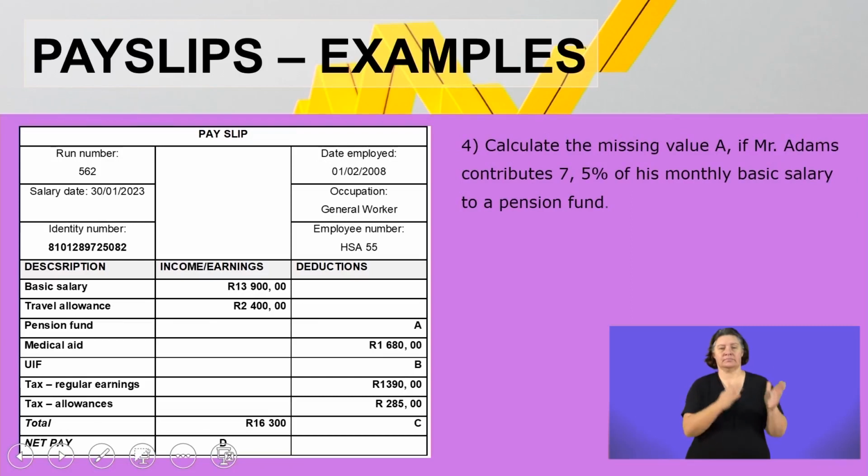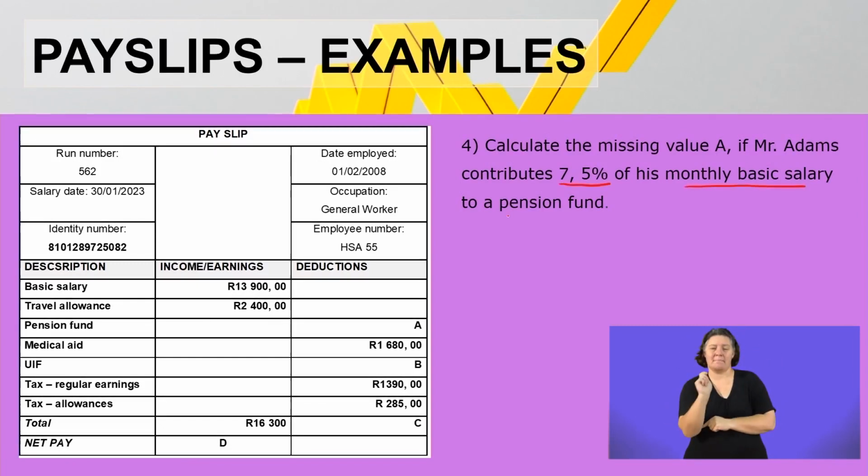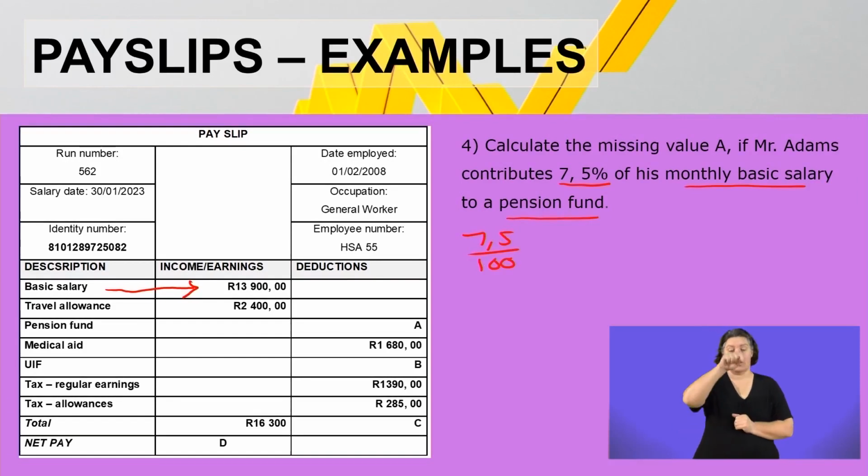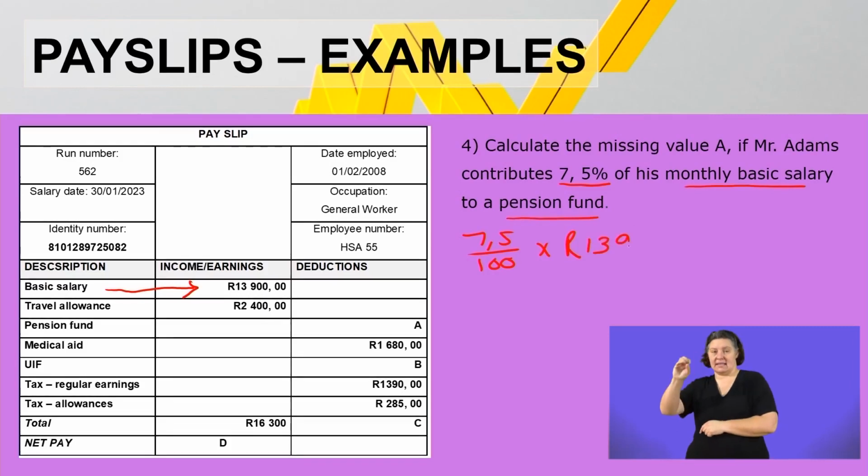Let's look at another question here. It says, calculate the missing value A if Mr. Adams contributes 7.5% of his monthly basic salary towards a pension fund. So now let's quickly look. What is his basic income? We already indicated here 13,900. So 7.5%, I say 7.5 over 100, multiply by the basic income, 13,900.